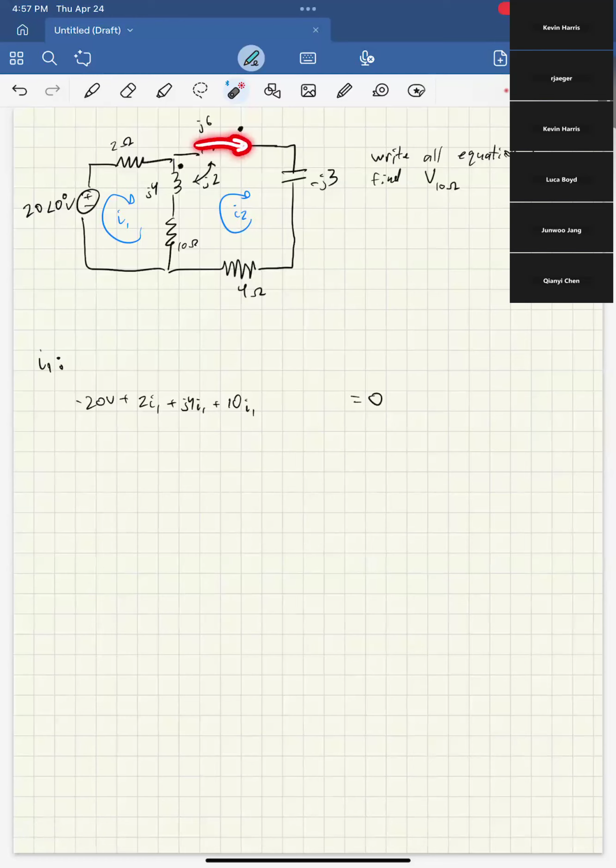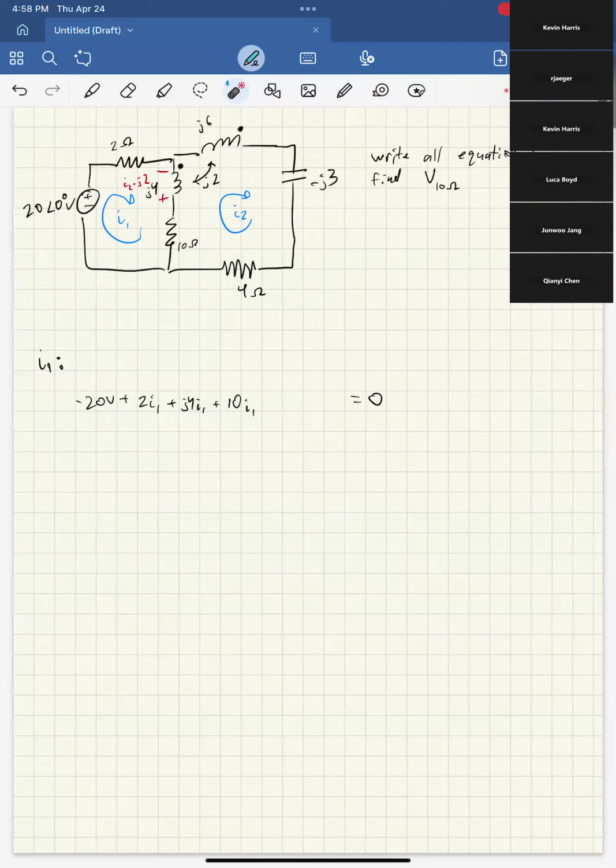So if we are going here, this will be negative, this will be positive. And the value of this voltage here will be I2 times the mutual inductance. Then we evaluate this voltage in relation to I1, right?